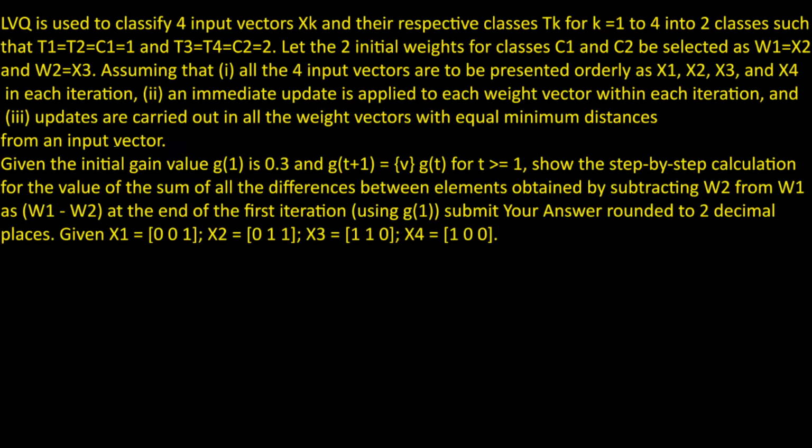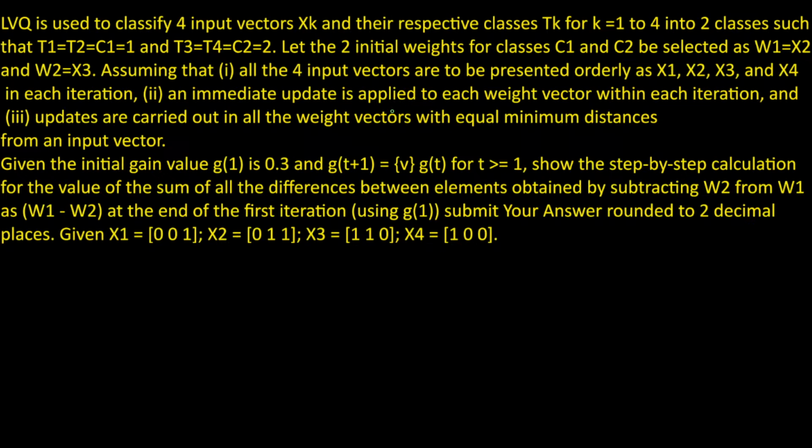So our final goal is calculating w1 minus w2, and here we have 4 iterations because we have x1 to x4 and k is starting from 1 to 4. We have to do the 4 iterations and update the w1 and w2 values each time, and finally calculate the value.